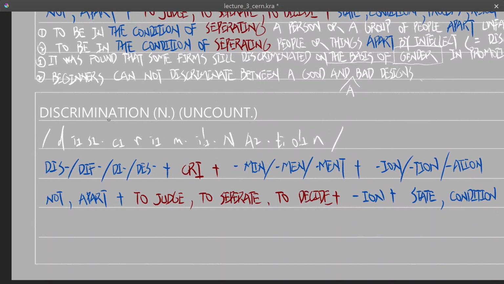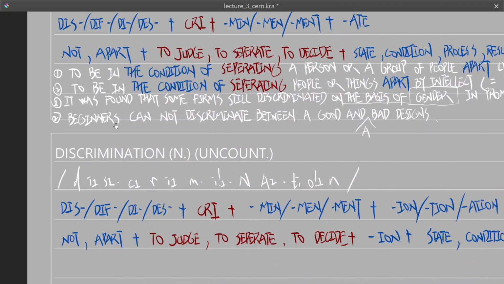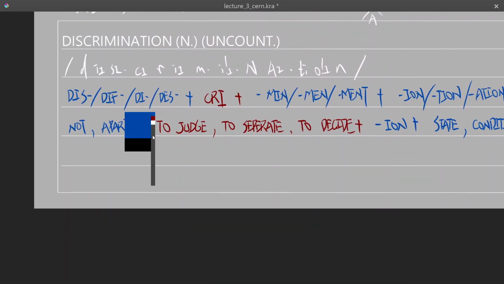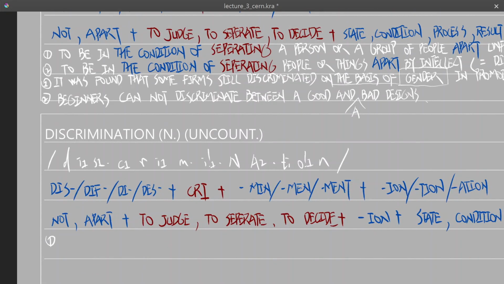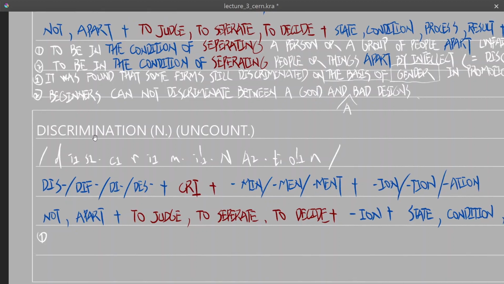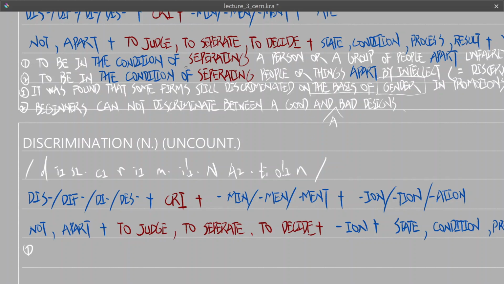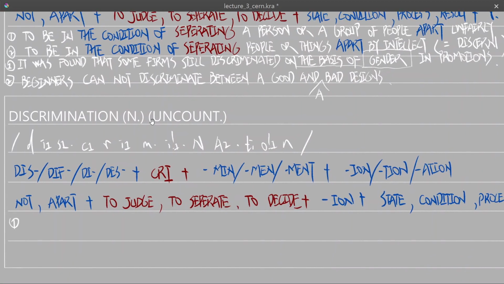So again, discrimination is the noun form of discriminate. So we also have two meanings. The first one comes from the first meaning of discriminate: the condition of separating a person or group of people apart unfairly.